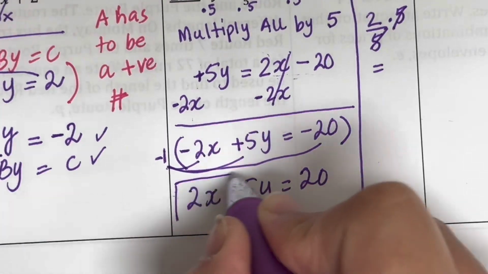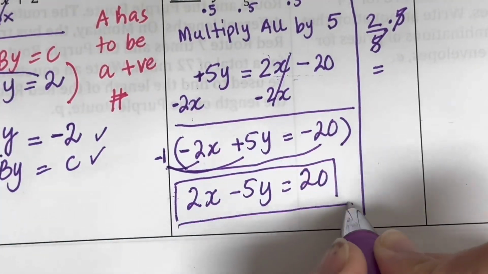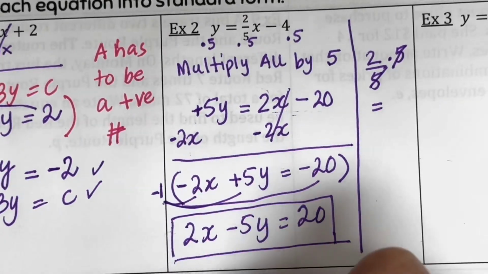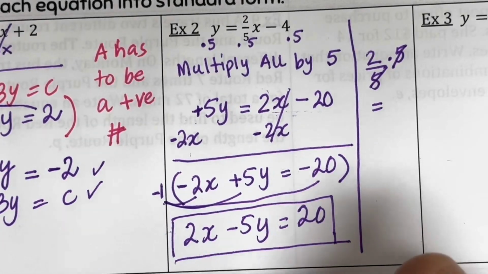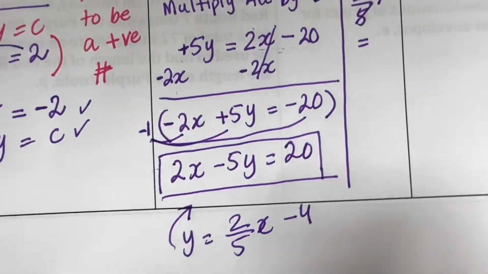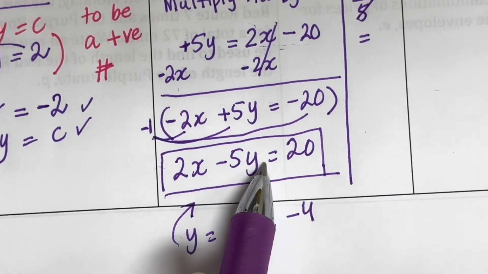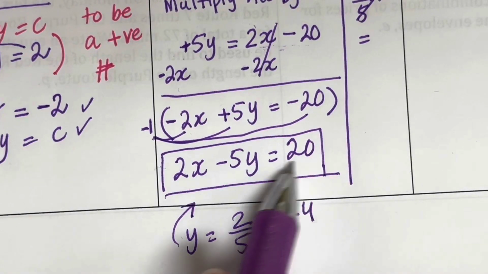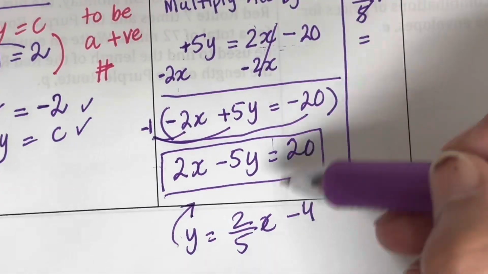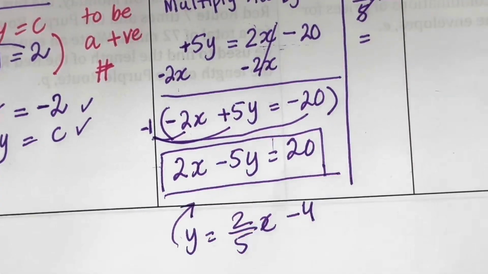And this is the standard form of the equation y equals 2/5 x minus 4. The standard form will be 2x minus 5y equals 20. If you want to check whether you are correct or not, you know the process: draw the line, subtract 2x, and divide by negative 5. It should match with this.